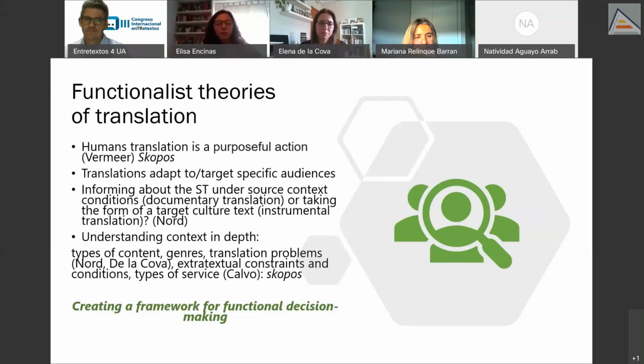And this brings us to the different types of service. For me, as you will see, services are just types of skopos or skopoi. So we are building a framework for functional decision-making when using these concepts in the translation classroom.